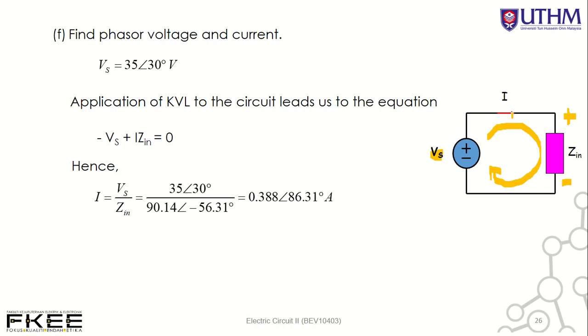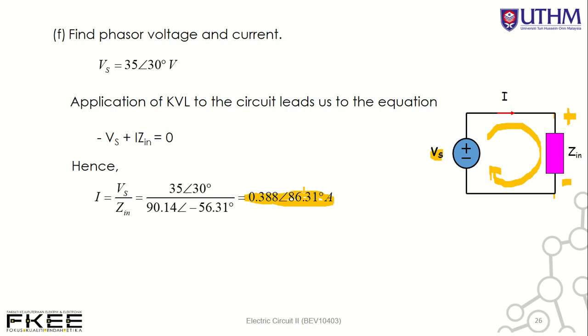Or in other words, you can apply Ohm's law, because voltage across Z equals Vs. So I equal to Vs divided by Z in. This is in polar form, or frequency domain.